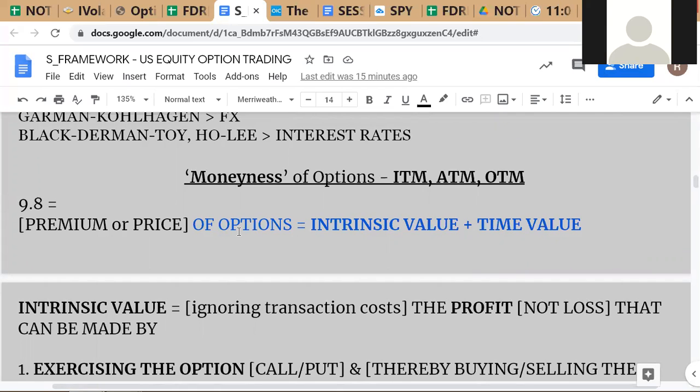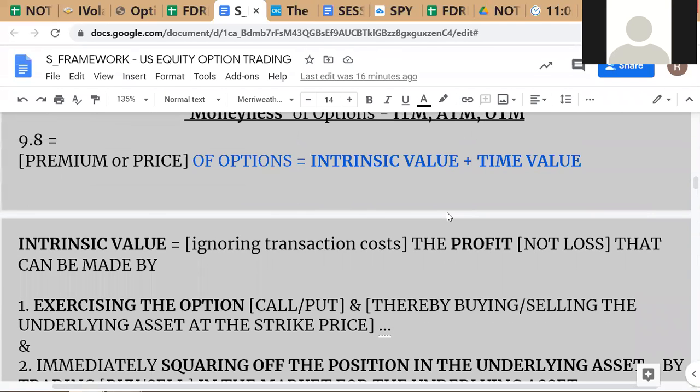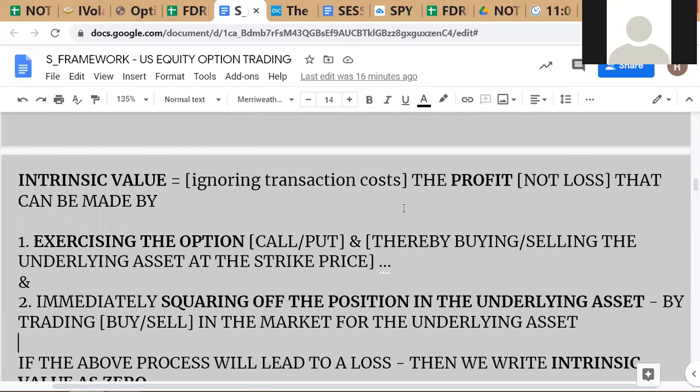If you follow these steps, you'll figure out the profit from following step 1 and step 2. If it's not a positive P&L, then we write the IV as 0. Otherwise, we write the IV as whatever the profit is. Then TV is just equal to premium minus IV. All right, so you've learned this.